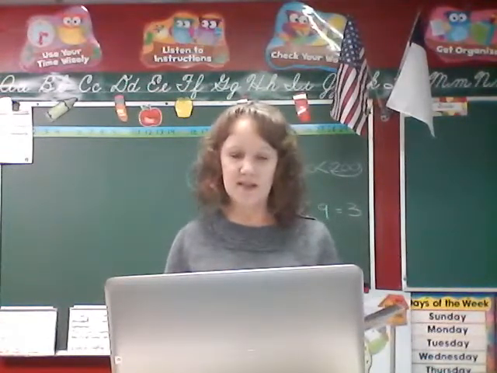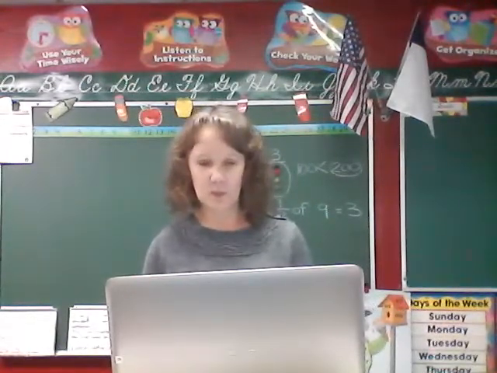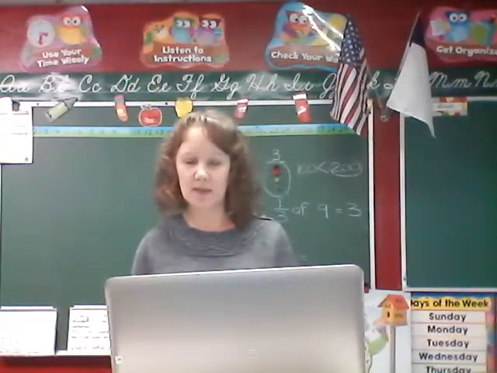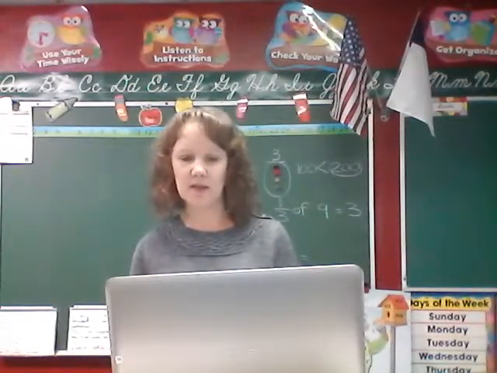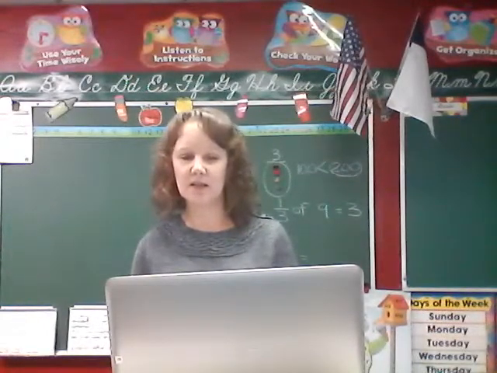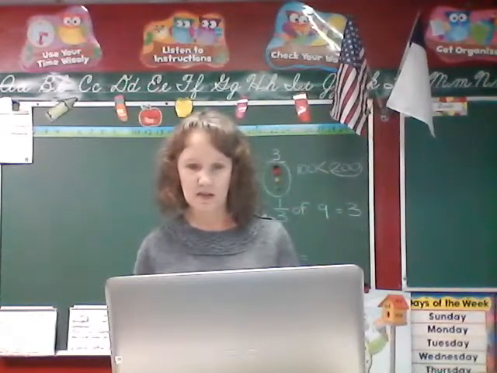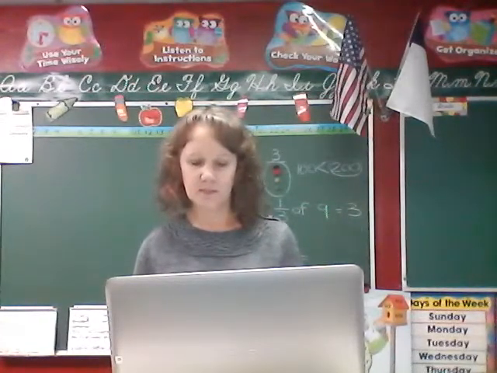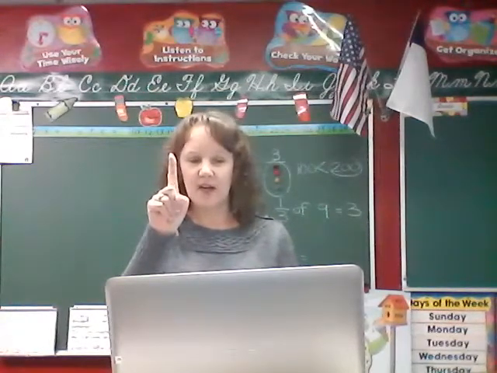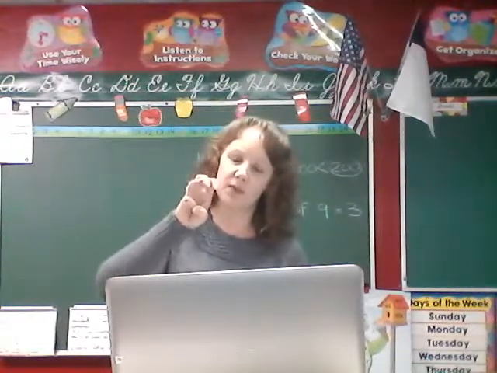So with $7, how do I get $7? Could I have 7 $1 bills to equal $7? Yes, but is there an easier, faster way to get $7? Yes. How? Like 5, then 2 1. Very good. If you have a $5 bill and 2 $1 bills, that's only 3 bills.